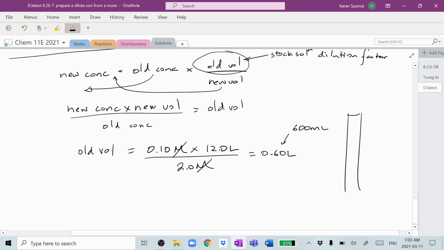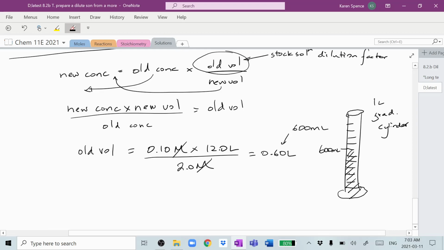Now, probably I'm going to measure this as 600 milliliters because I can go and find myself a 1,000 milliliter graduated cylinder, right? Which is 1 liter. And I will fill that up to 600 mils of my stock.